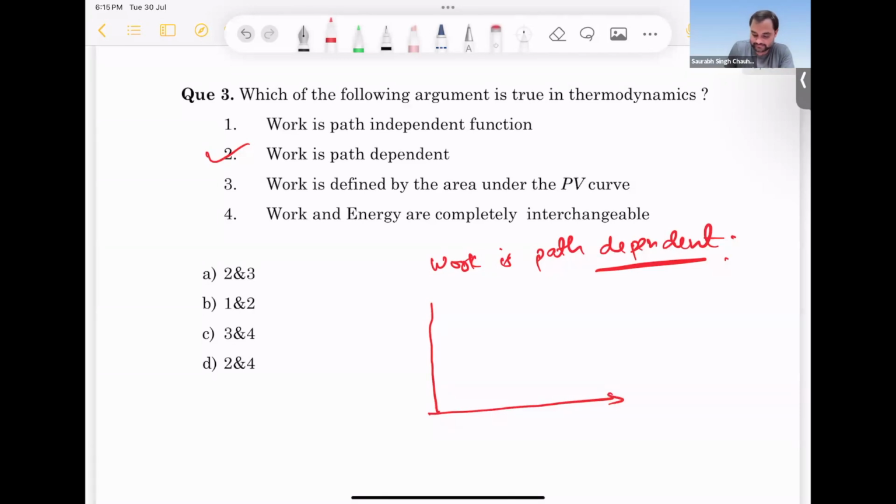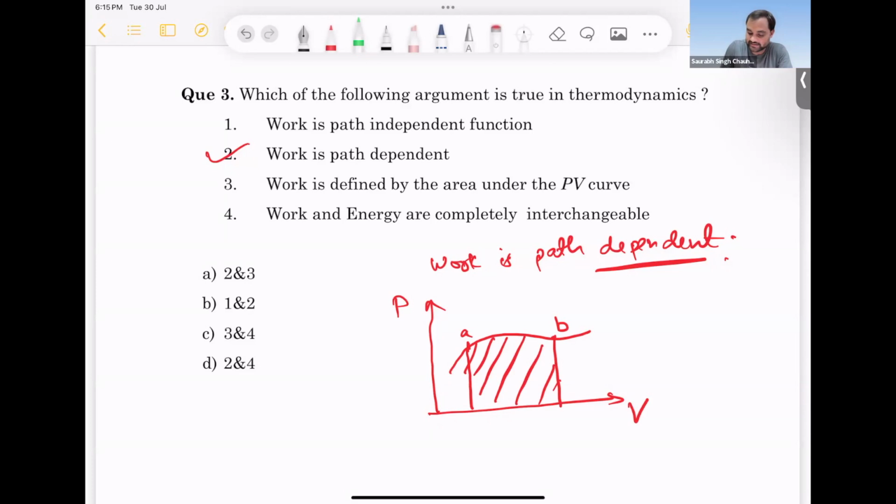The PV curve is something like this. P is pressure and V is volume. This curve can be a representation of a process, like from point A to point B, and the area under this curve will be this area. From mathematics, you know how to calculate this area using integration, right?